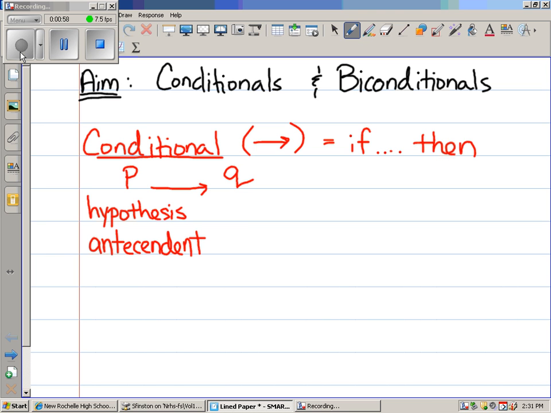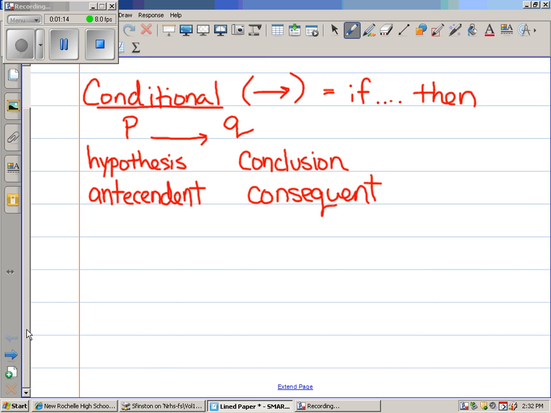Q is going to be called the conclusion. And it's also called the consequent. And so we're going to look at conditional statements in a truth table. Let's set our truth table up.